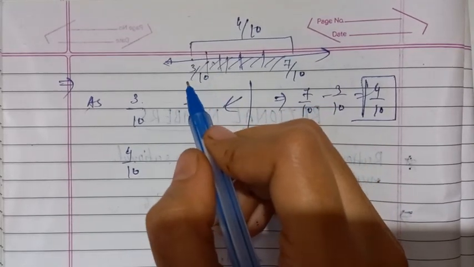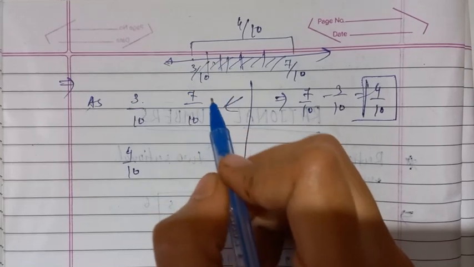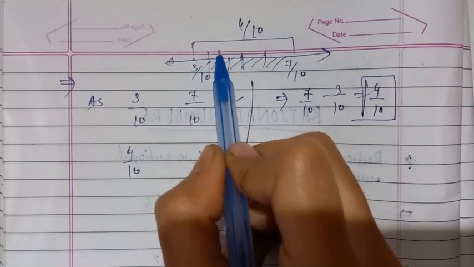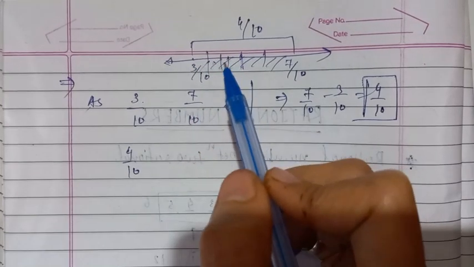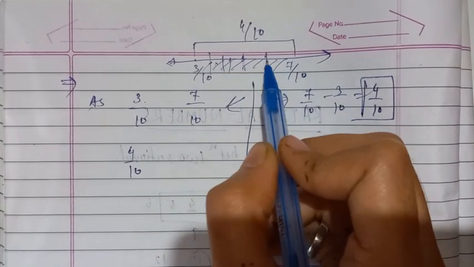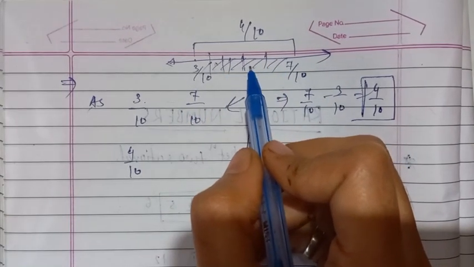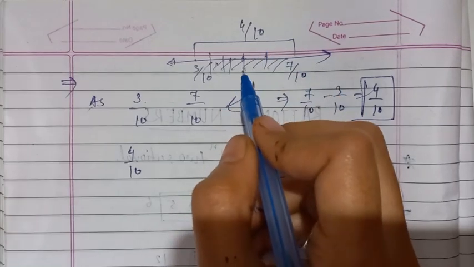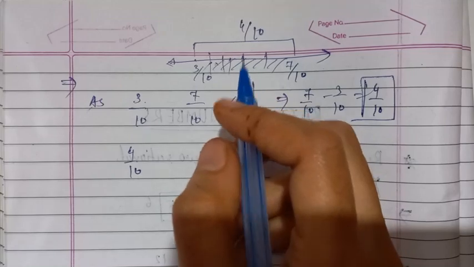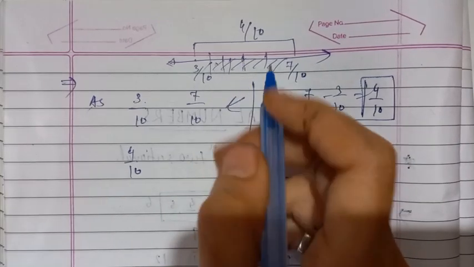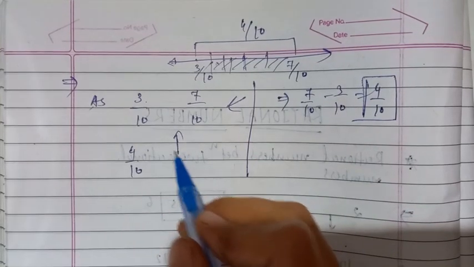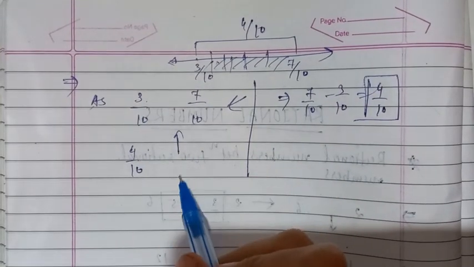So we can divide this gap into so many parts, and so we can label so many numbers on this number line. By this we can say that there is not a definite number of numbers between 3 by 10 and 7 by 10.